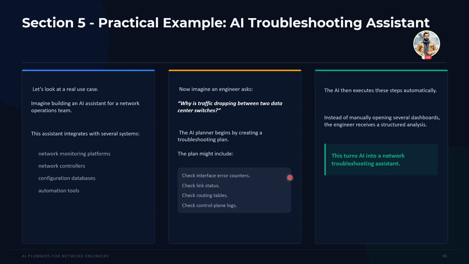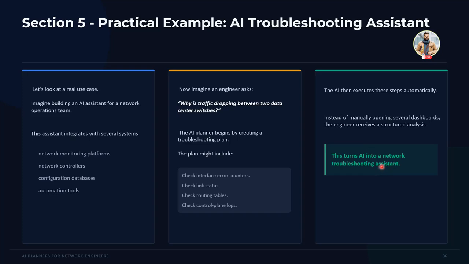Check interface error counters, check link status, check routing tables, check control plane logs. It executes each step automatically, and the engineer receives a structured analysis instead of manually opening 5 different dashboards and piecing it together themselves. That is the cognitive load reduction we always talk about.